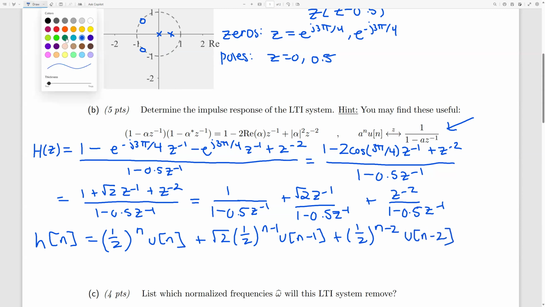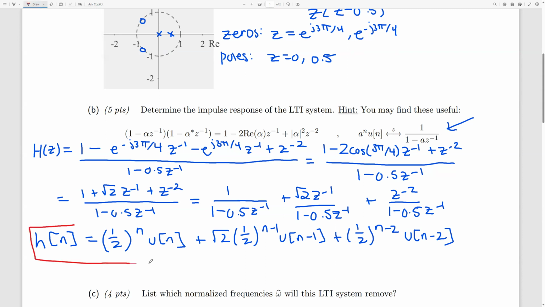And that would be your solution. If I can box that in.